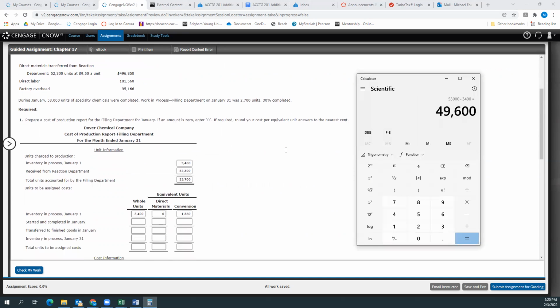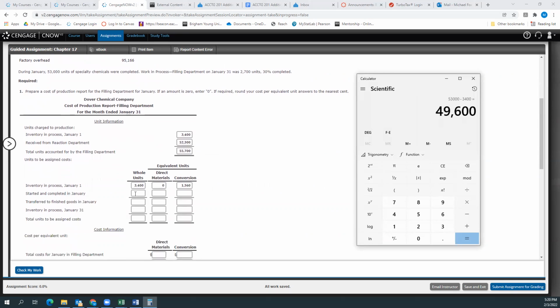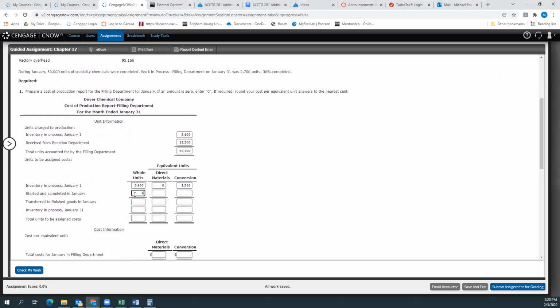So we're going to say we completed 49,600 units during the month. And since we had to do all of the materials and all of the conversion, we'll say the equivalent units are also 49,600 for each.